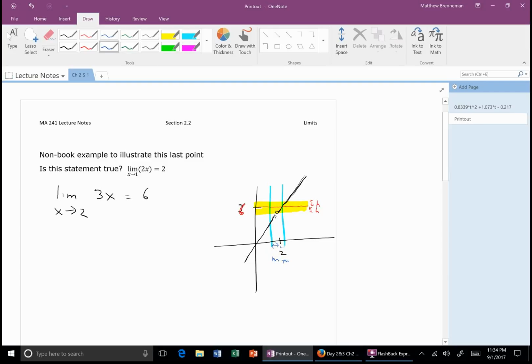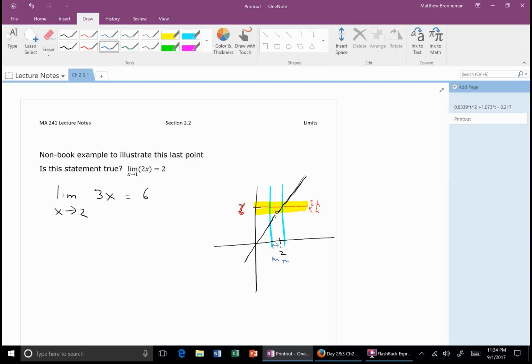What it means for a limit to exist is you give me this h band around 6, and I have to give you this, for lack of a better word, m band around 2, such that when the x-coordinates of the cars are within my m band, they're within your h band. And that's what a limit means.